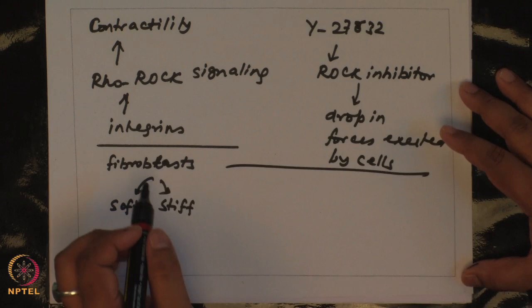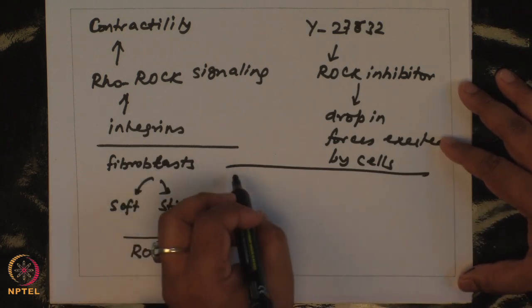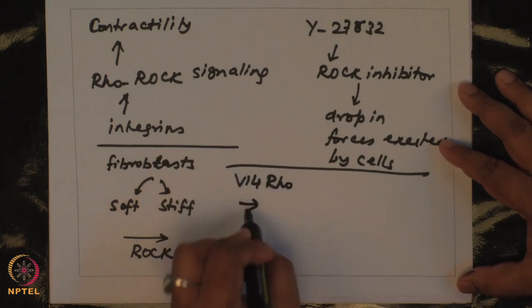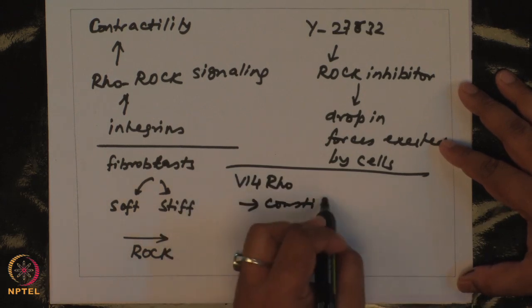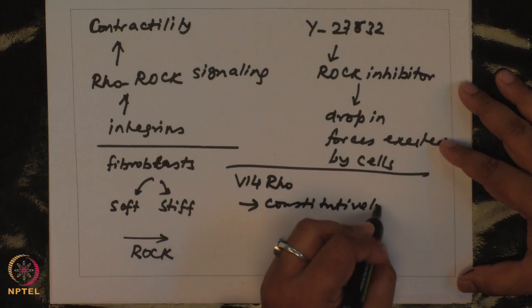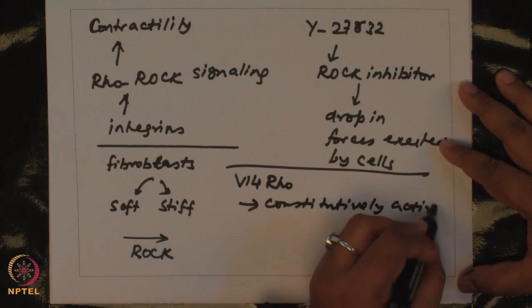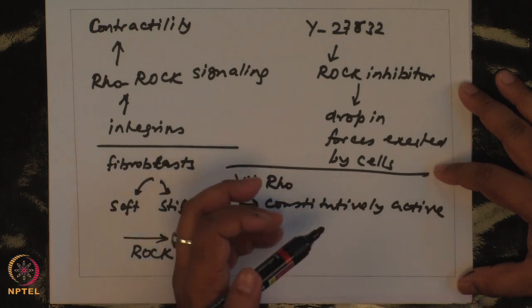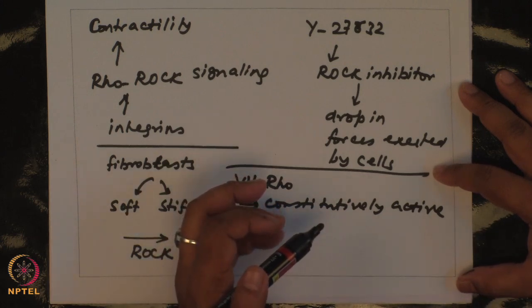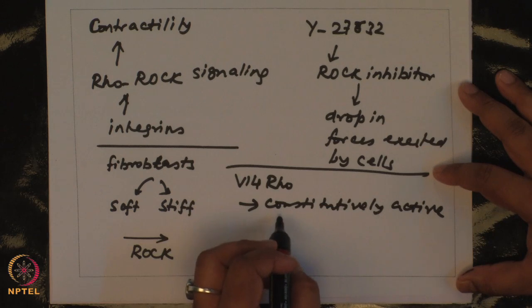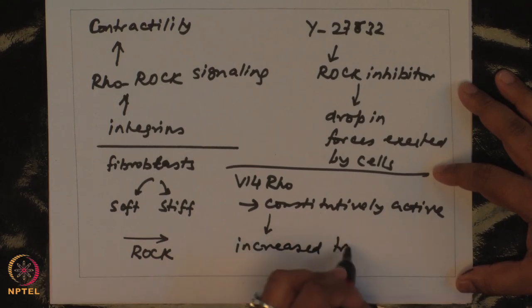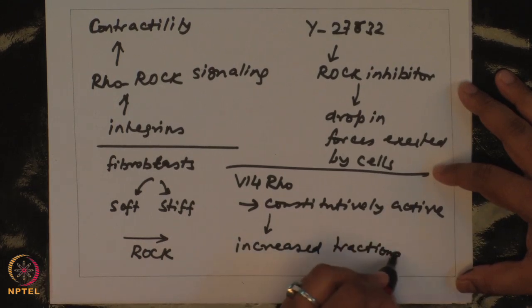So, they also did this experiment where they transfected cells with V14 Rho. It is a constitutively active construct. So, Rho is always activated, and they showed that in the presence of this there was an increase. So, this led to increased tractions, increased adhesions.